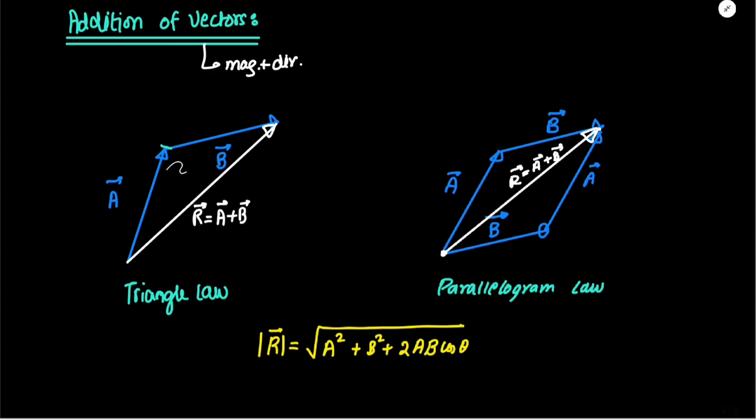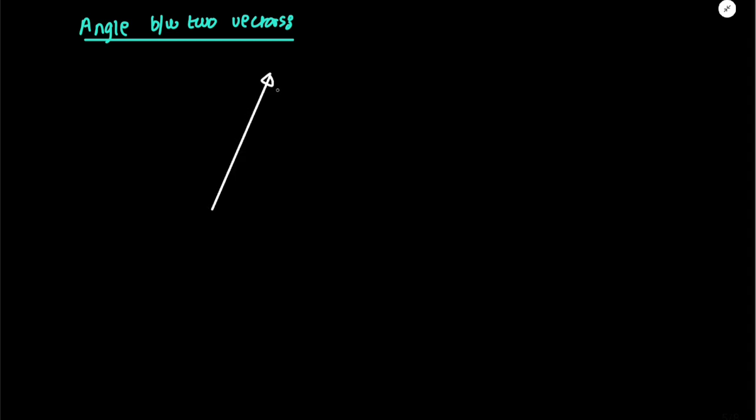So you might think that theta is this angle, and that will be wrong. Okay, so theta is not this angle. By convention, I might as well make a note over here: the angle between two vectors is always taken as the angle when the vectors are joined from tail to tail.